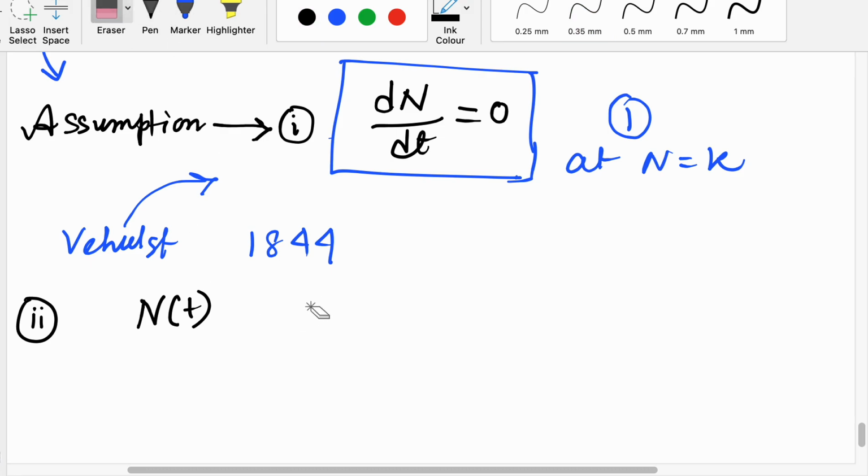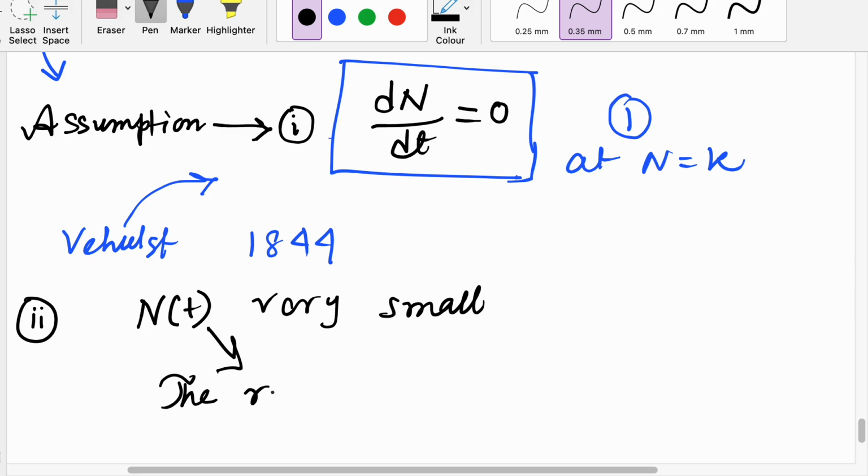If N(t) is very small, suppose at the initial phase or at any point of time the number of individuals in the population is very small, then for them the resource will be enough to grow.